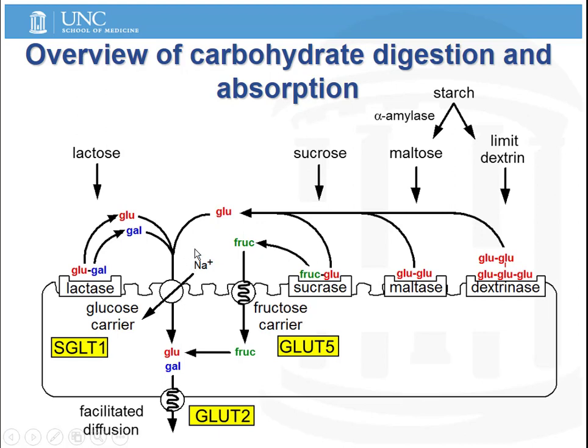Glucose uses that same pathway, while fructose uses facilitated diffusion via the GLUT5 transporter on the luminal membrane. Glucose, galactose, and fructose are all then inside the enterocyte, and they are transported out the basolateral membrane and into the blood through facilitated diffusion via the GLUT2 membrane protein.